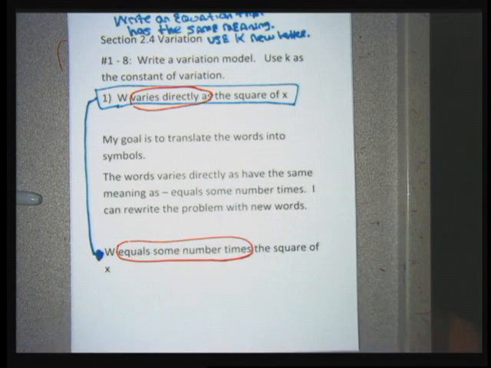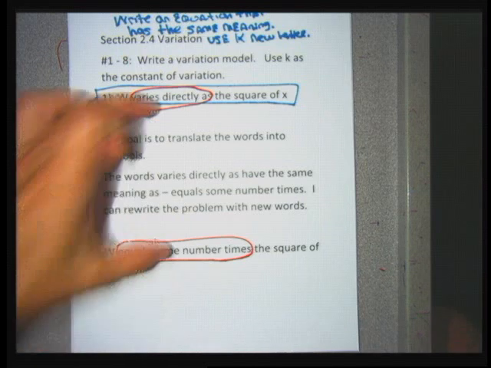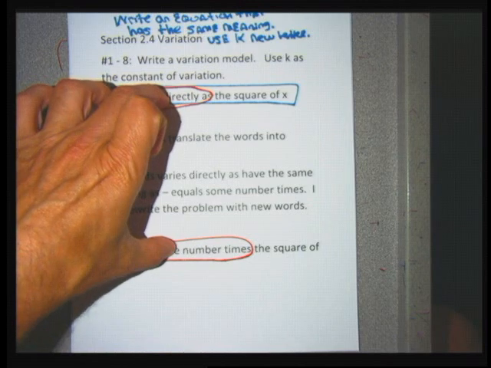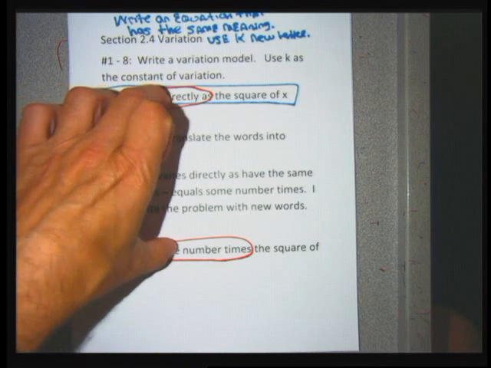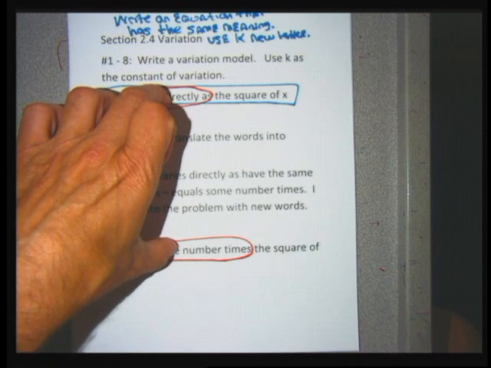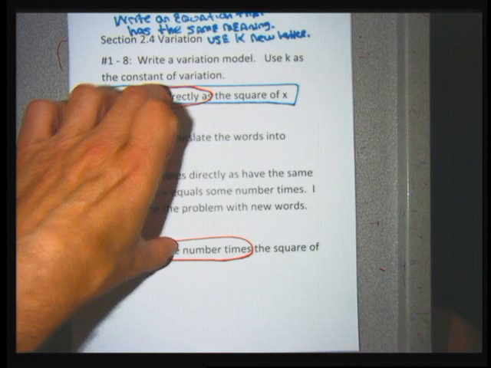So in this problem, I changed the words varies directly as to equals some number times, because varies directly is a multiplication. And so this transformation is supposed to help you create an equation that represents the statement.